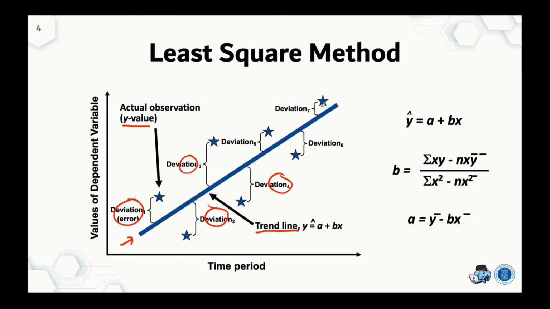We sum all of these, and then we create a trend line that minimizes that sum. Based on this method, we have the formula to get the constants b and a, which is represented in here.